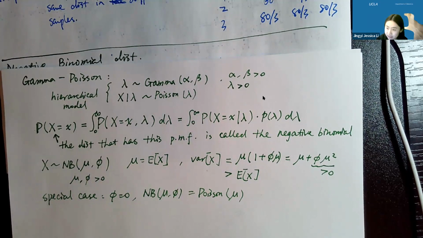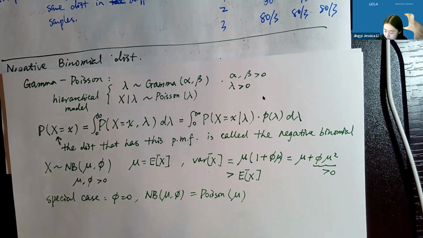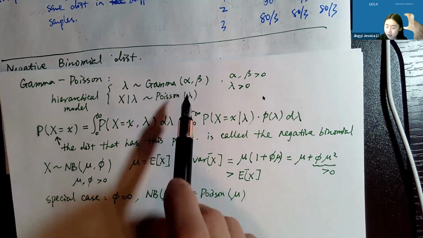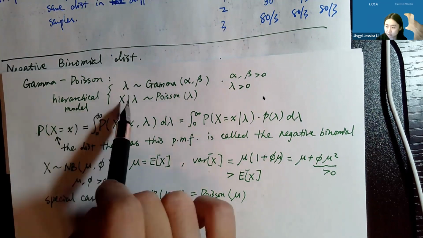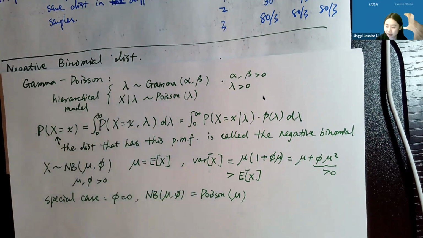But what I want to say is that intuitively, when phi is 0, it basically says that this gamma alpha, beta reduces from a continuous distribution to a point mass. And that point mass is your lambda. So lambda is no longer random, and that's Poisson. Okay, so this is the most intuitive motivation for negative binomial for our purpose to explain the overdispersion.